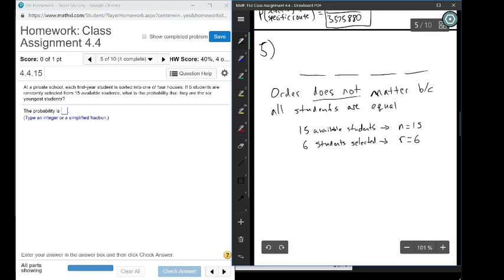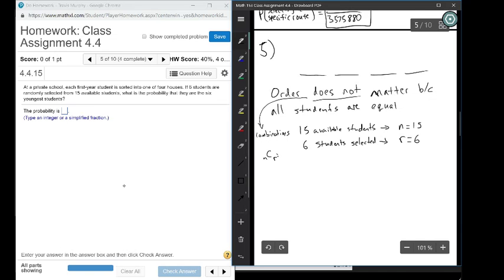So since the order does not matter, that means we need combinations, or r combinations from n objects, students in this case.